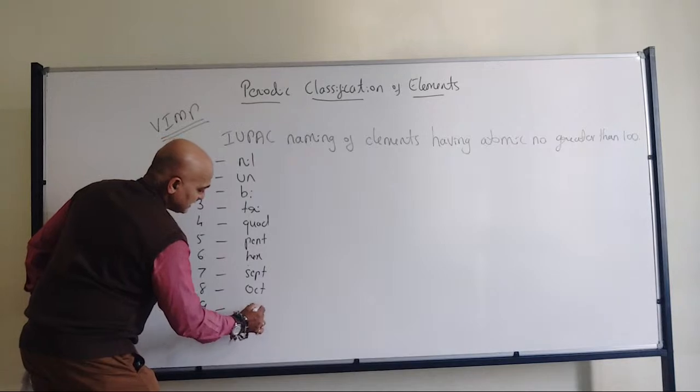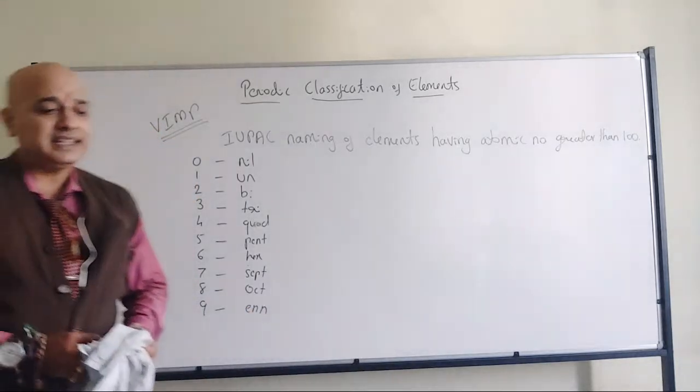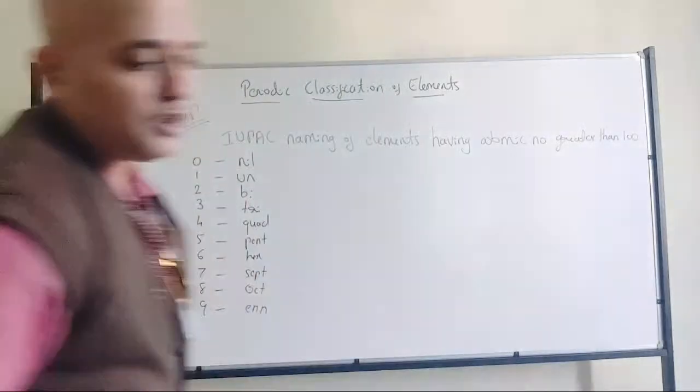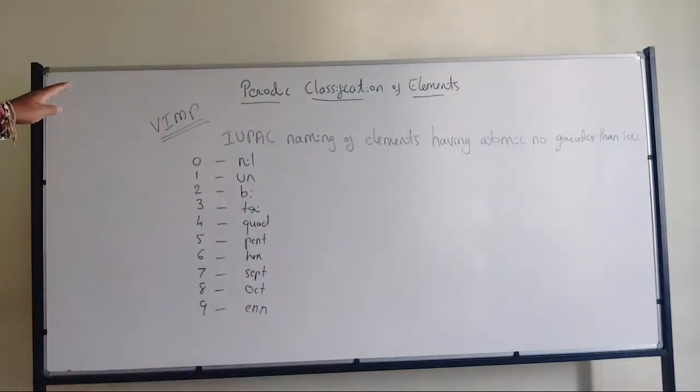And 9 is enn. All of you have understood? So we have some abbreviations for these numbers.